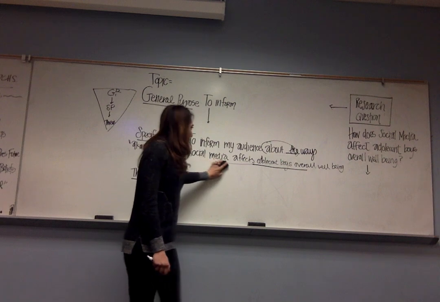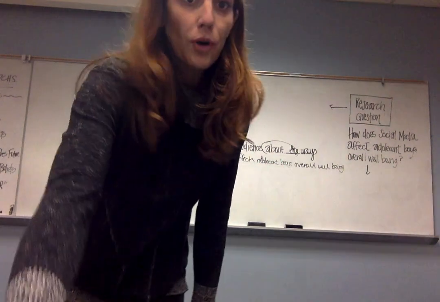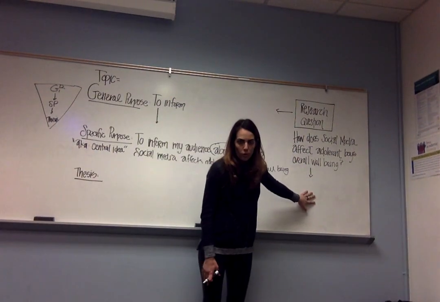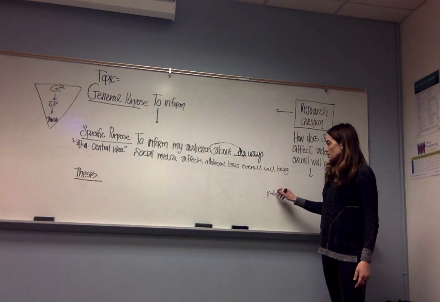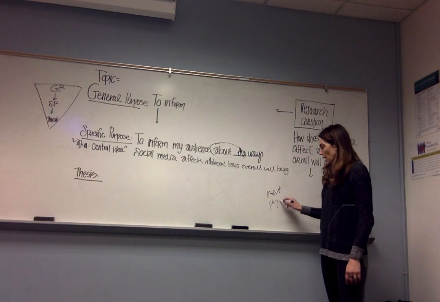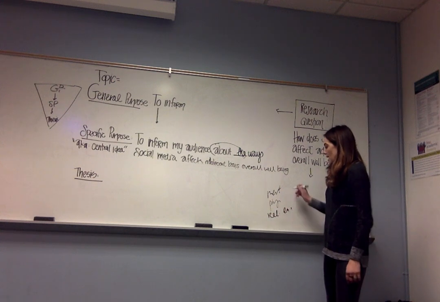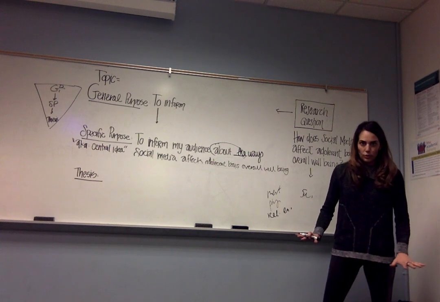You can also start to narrow this. Let's say, for example, you have the research question, how does social media affect adolescent boys' overall well-being? And you start to realize, oh my gosh, it affects their mental health, and it affects their physical health, and it affects their relationship engagement, and it affects their schoolwork. I don't know which one.